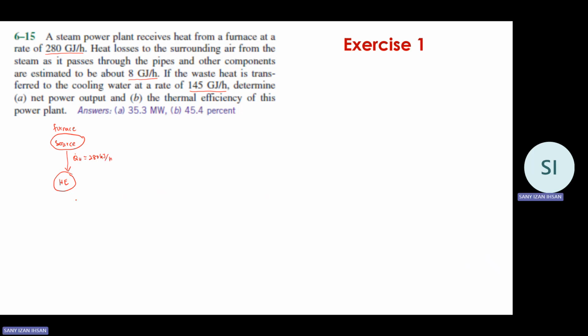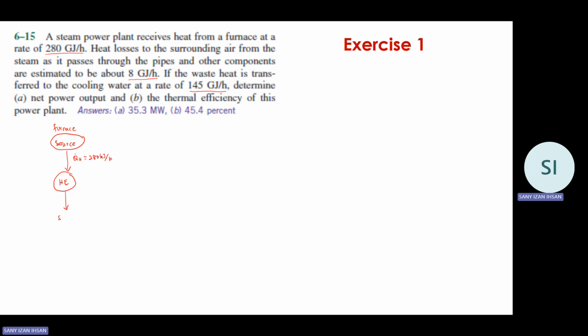And then we know that there is heat loss to the surrounding. So this is not going to the sink actually. Let's keep that for a while. If the waste heat is transferred to the cooling water, that will be going to the sink.